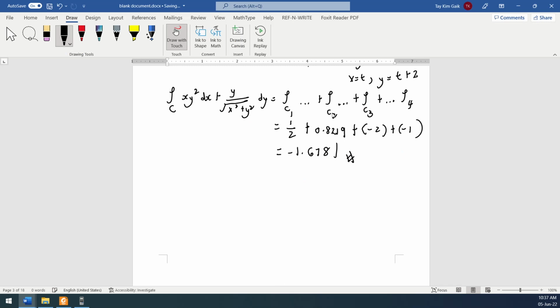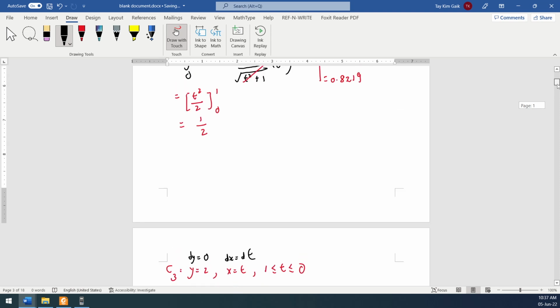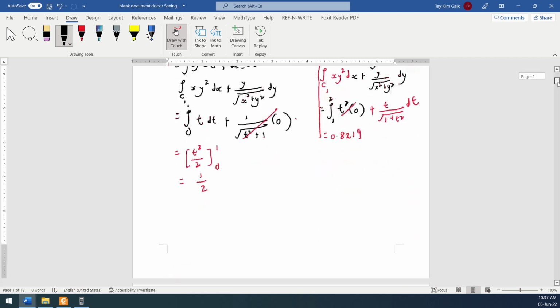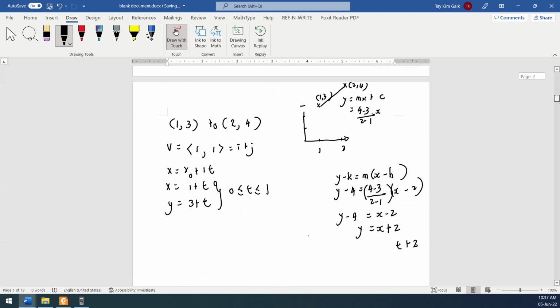You see, so troublesome. You need to do it 4 times. Since the curve travels anti-clockwise and it's closed, it forms the region R, then we can use the double integral.